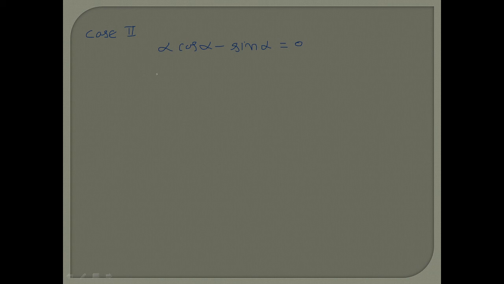From this we can get tan alpha equal to alpha, and to solve this equation we need to draw the curves where curve y1 is equal to alpha and y2 is equal to tan alpha, and the intersection of the curves will give the values of alpha.